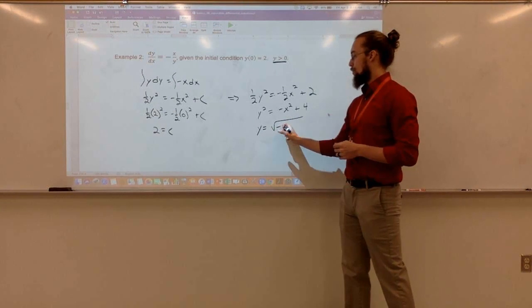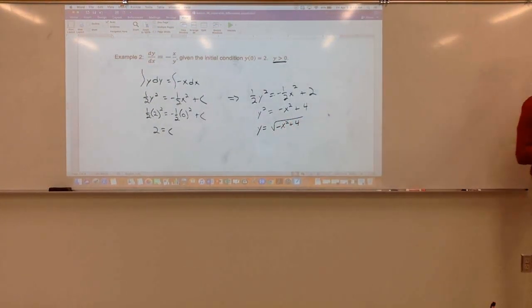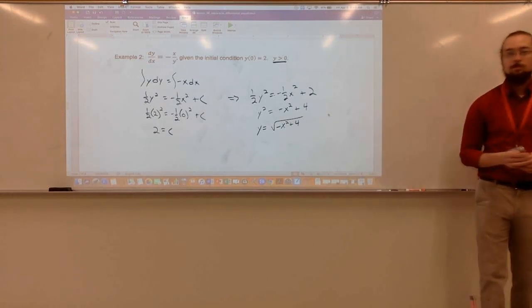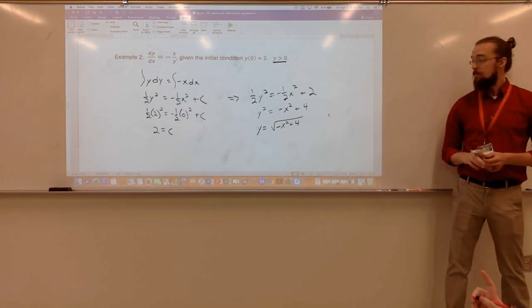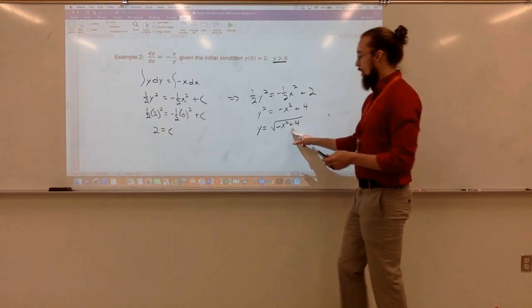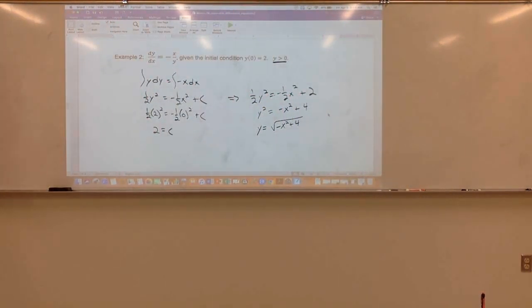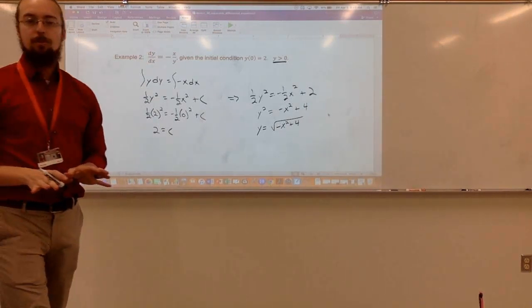So I'll just have the square root of negative x squared plus 4. Whenever we're adding or subtracting things inside of a radical, we cannot take those things separately. You okay with that one? Not too bad, right?